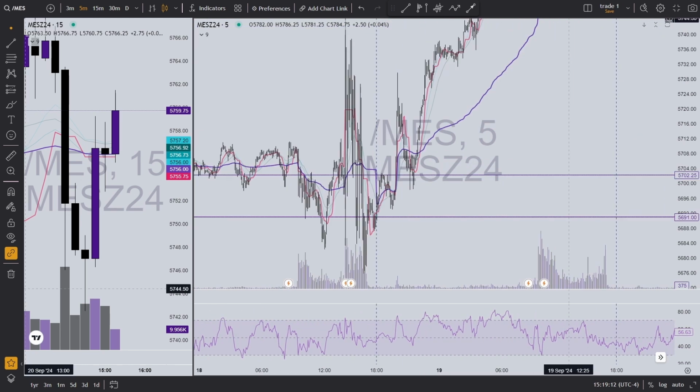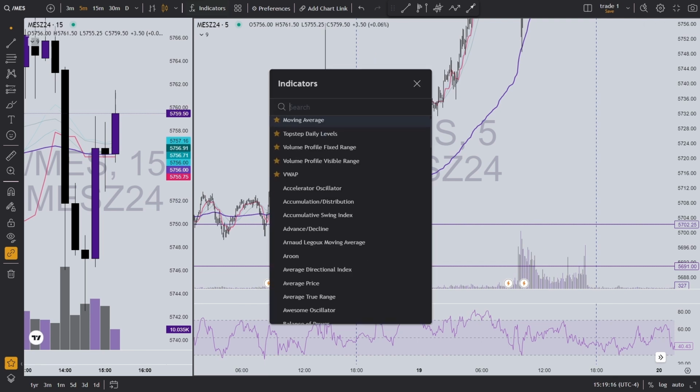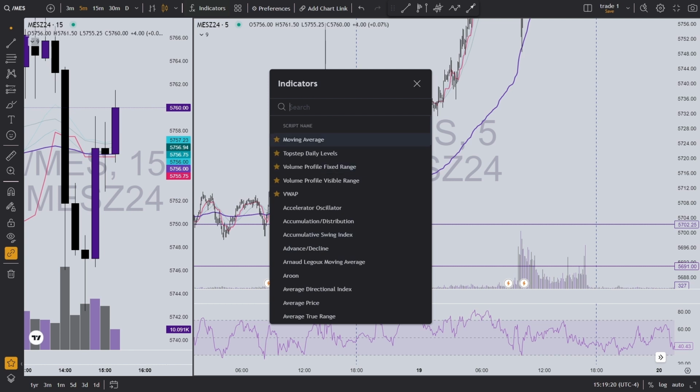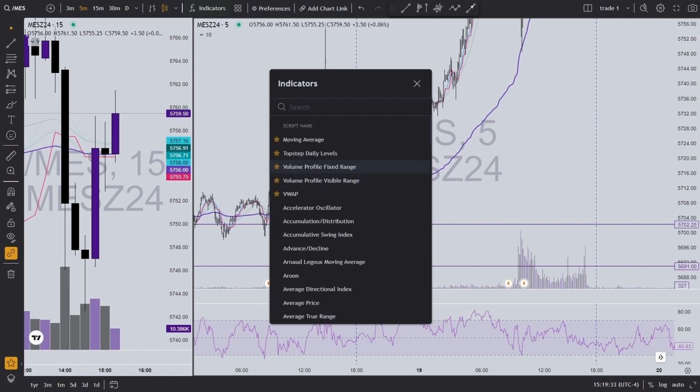So essentially what is being done here is the indicator, and you have a huge list of indicators that you can use. The ones that I utilize the most are going to be starred, my favorites, and I'll also have a favorites bar here with my fixed range volume also there to be used at my will.